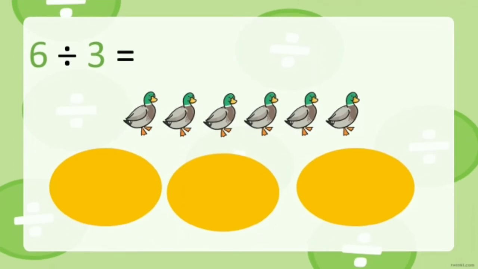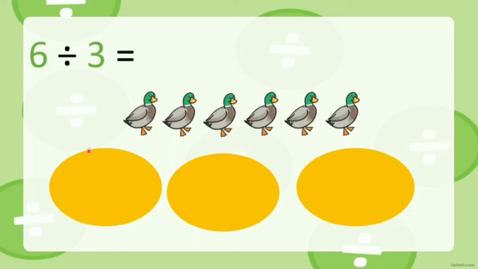Yes children, it sounds interesting when we are solving the example. Here comes one more for you. So let's read it first. 6 divided by 3 is equal to, what should come here? Let's find out. Now look at the picture. 6 ducks are given.